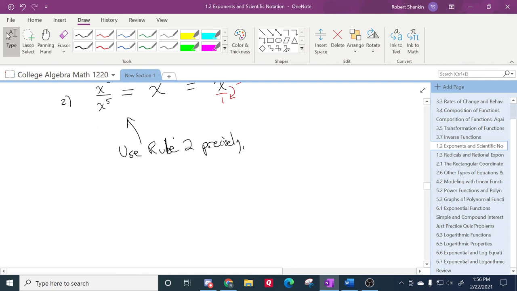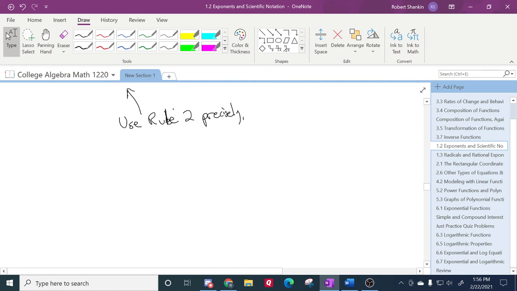All right. And let's do another example. Simplify 2x to the minus 3 over y to the fourth.